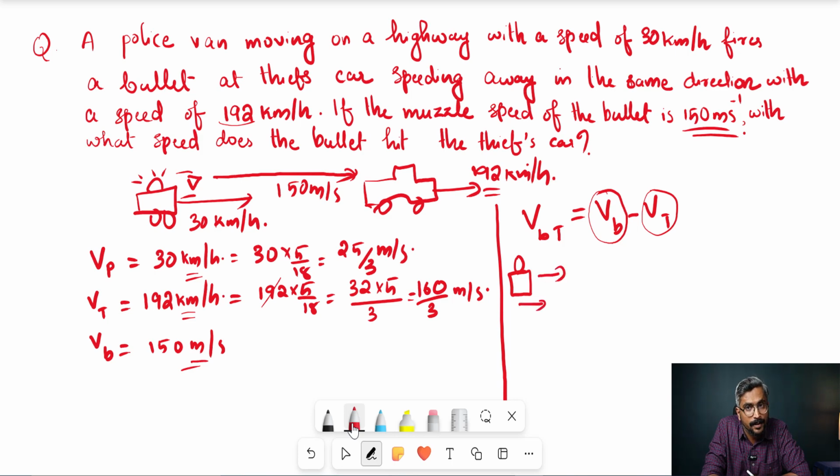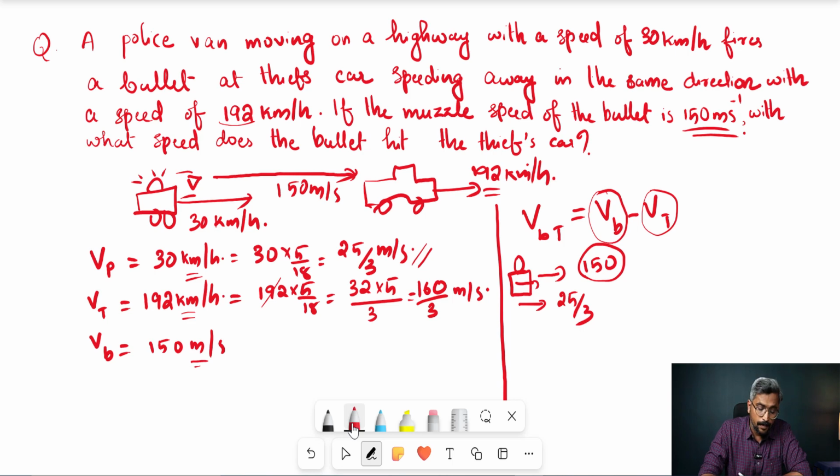So here the 150 is not the actual speed of the bullet. Why? Because here comes the relative velocity. The police van is already moving at 25 by 3 meters per second, so you need to add up both velocities.